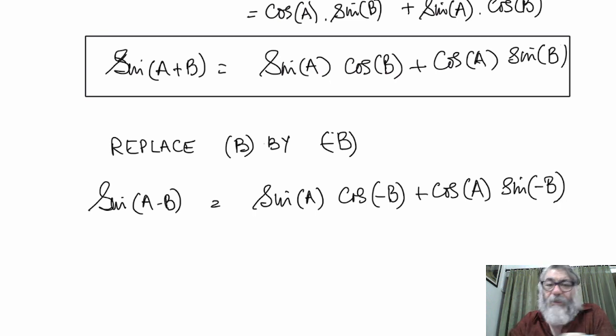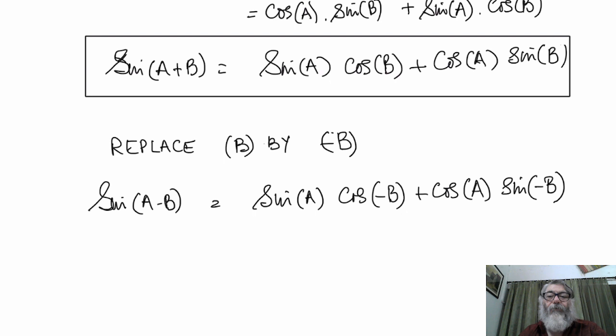Now it's okay on the left hand side sin A minus B, but what about cos minus B? Cos minus B means we have gone into the fourth quadrant. In the fourth quadrant, cos and sec are positive, the rest are negative. So cos minus B will remain cos B only.